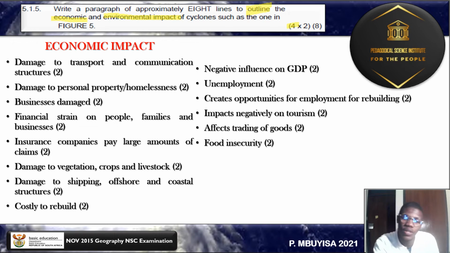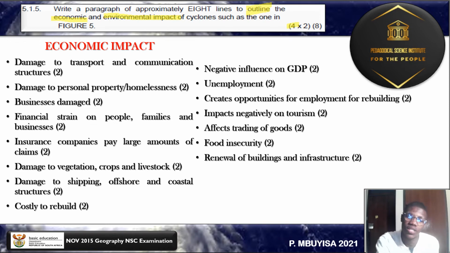And it may cause food insecurity because it damages farms, remember that, vegetation, crops and livestock. So it may cause some food insecurity, and when people lose their jobs, they may not afford to get access to healthy, nutritious food, which is food insecurity.